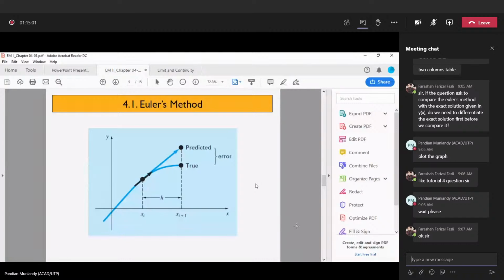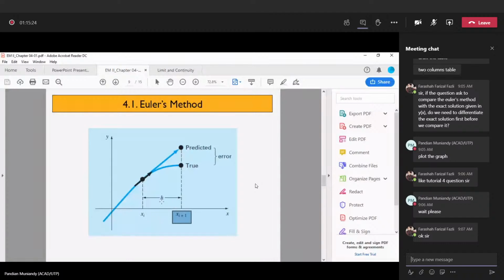Look at this graph. This is what you're asking. Yeah, good question. So we are answering your question. This one, Y output. This one, X input. This one, Xi. This is Xi plus 1.